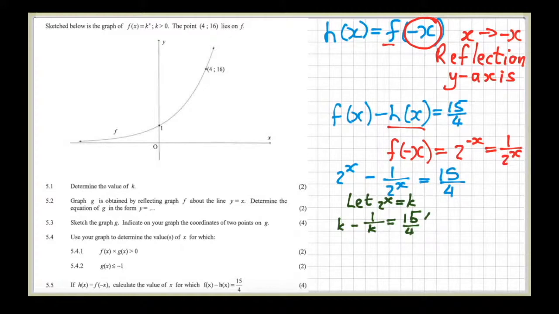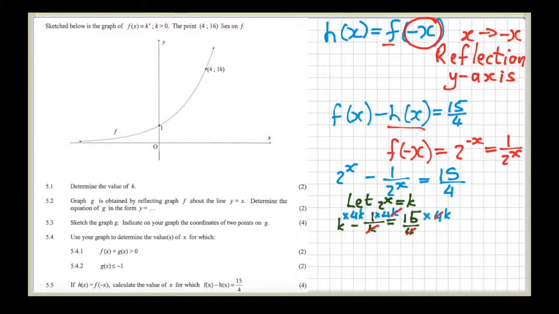So I'm going to get rid of my fractions by multiplying by the LCD. Let me do it in a different color for you. I'm going to times by 4k, which is my LCD. And I'm going to times everything by 4k. So in other words, k divided by k is 1. 4 divided by 4 is 1.